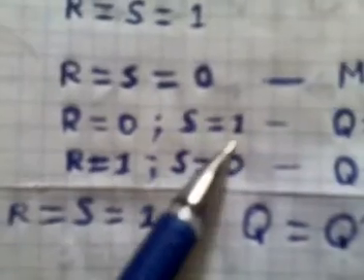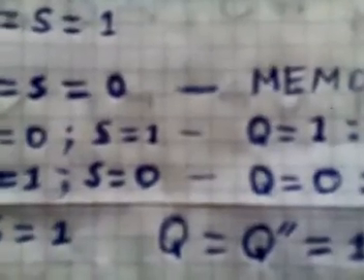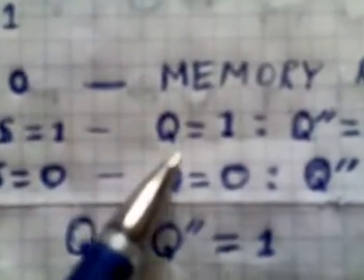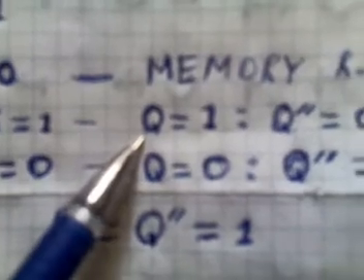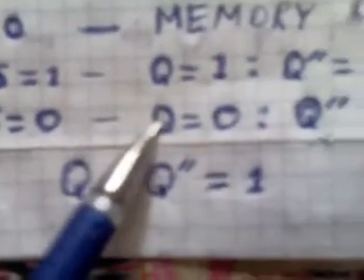And if we give 1 to C and 0 to R, and we give S input 1, we have non-inverting output 1 and inverting output 0. And then we give C 1, R 1, S 0, we have non-inverting 0 and inverting 1 outputs.